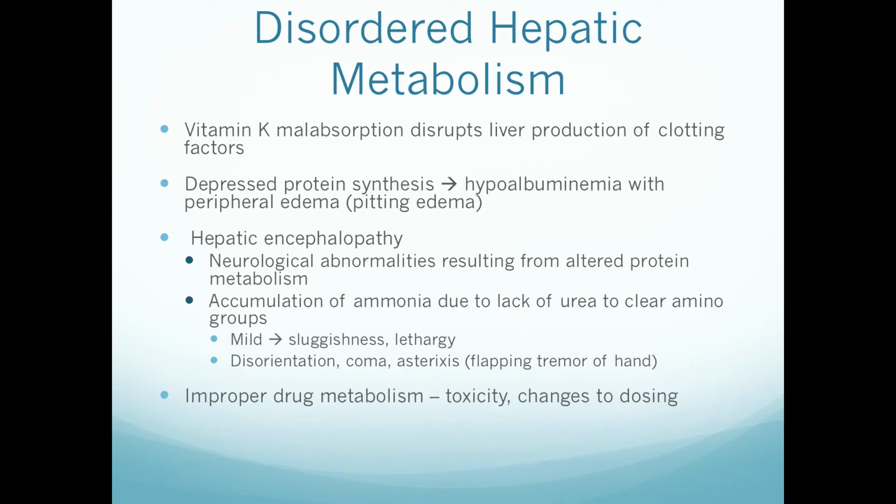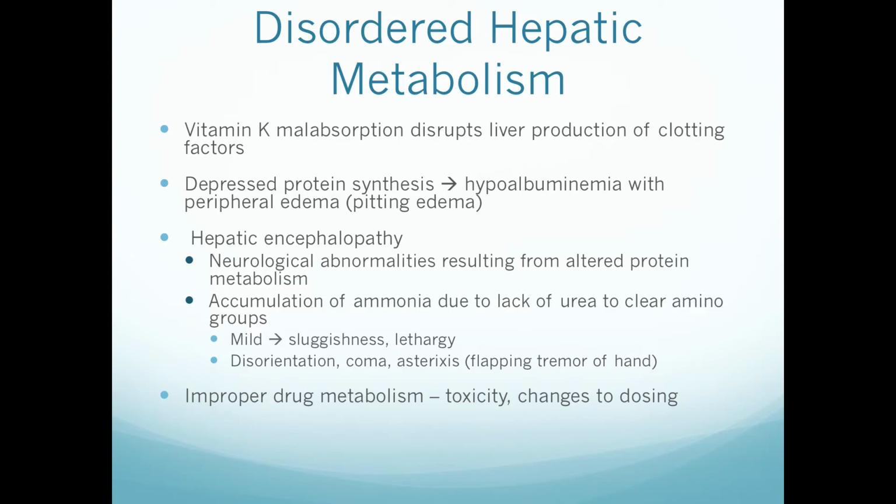Okay, improper drug metabolism. When there are liver abnormalities due to damage, you will see that the half-life of drugs is altered. So you will see things lasting a lot longer in the bloodstream than they're meant to. So people will be intoxicated a lot longer if they took an intoxicating substance, for example. If they took a cold medicine that causes stimulation, like Sudafed, instead of feeling ready to go to sleep a couple of hours later, they might be stimulated for 12 hours afterwards.